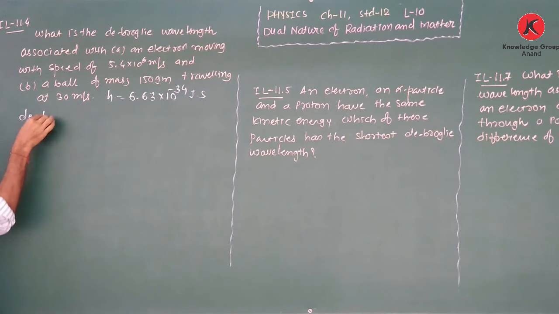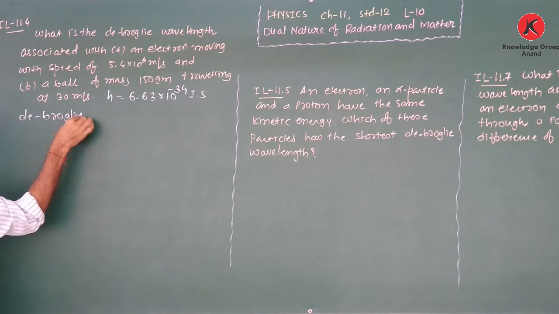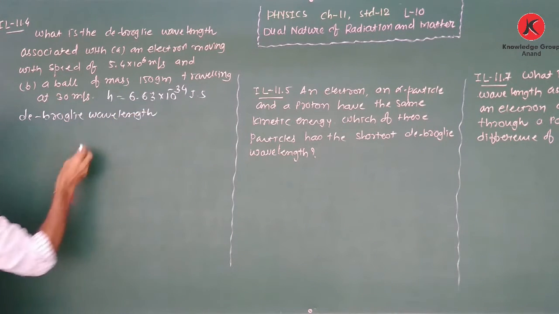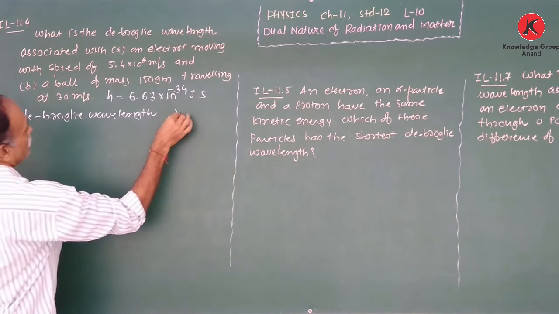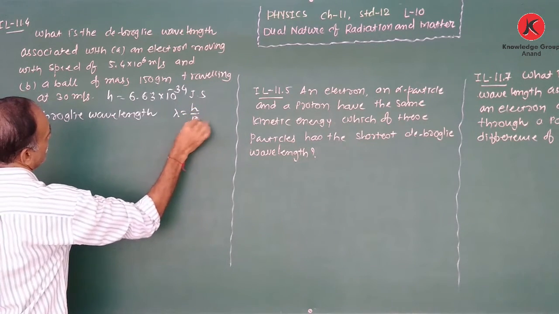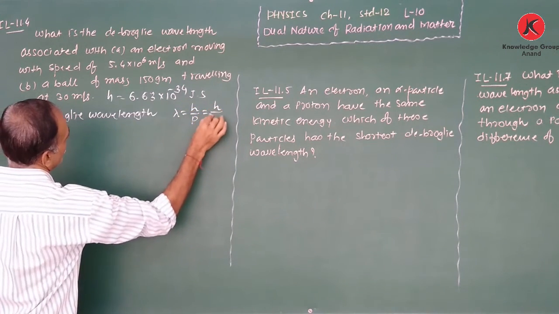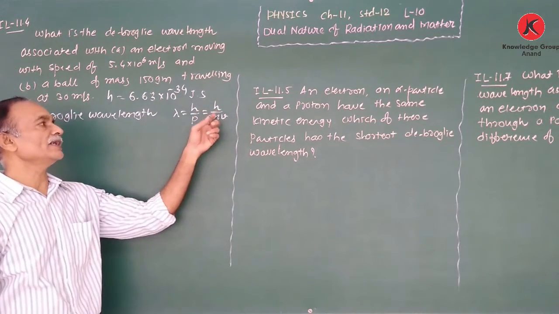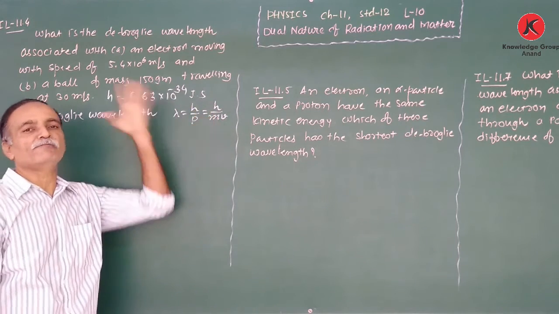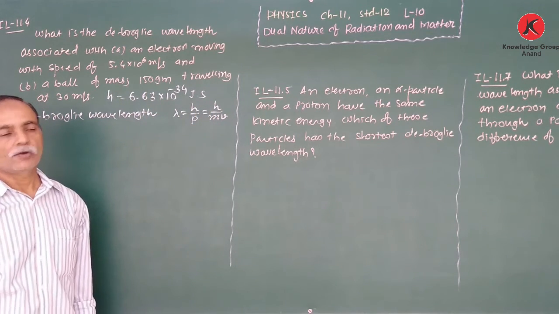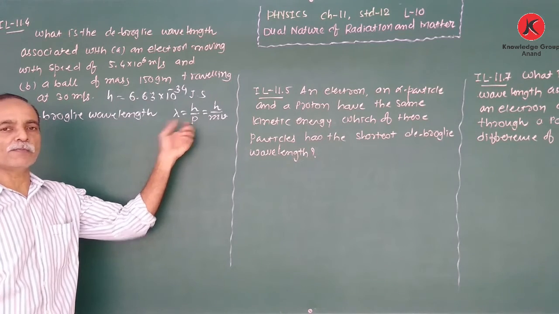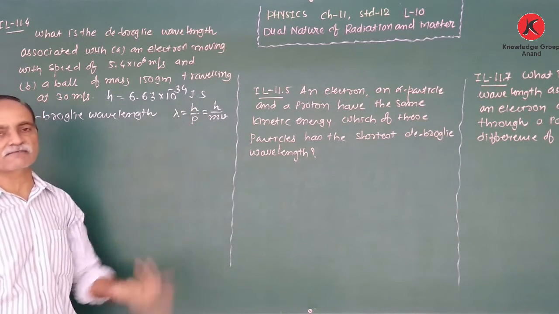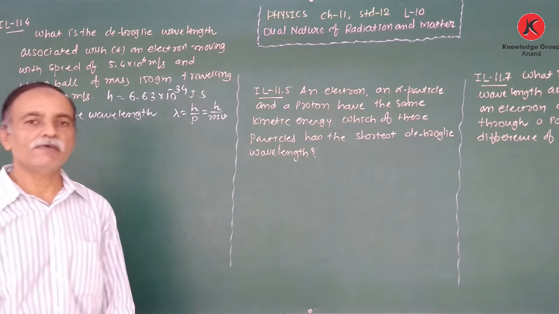Now, de Broglie wavelength lambda is equal to h upon p, or we can write h upon mv. So we can directly substitute the values in this equation, or first we calculate the momentum of the electron and ball, and then substitute the value of momentum in this equation; we can also obtain the wavelength.